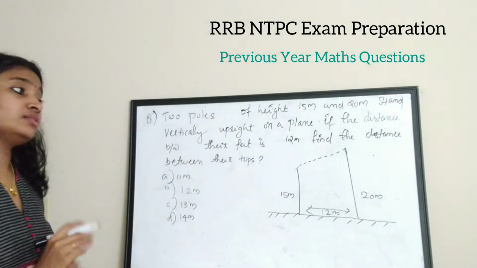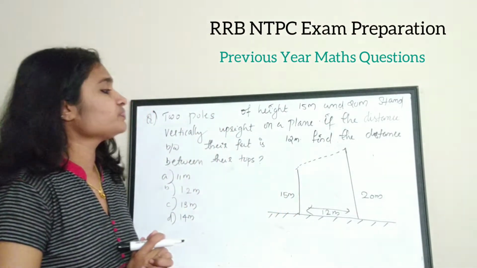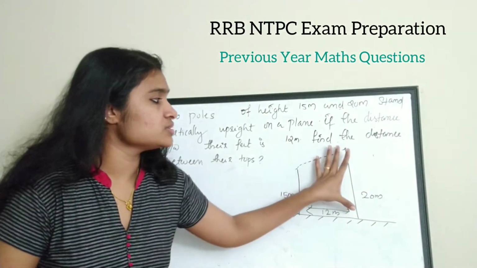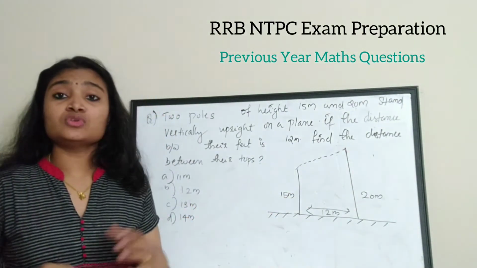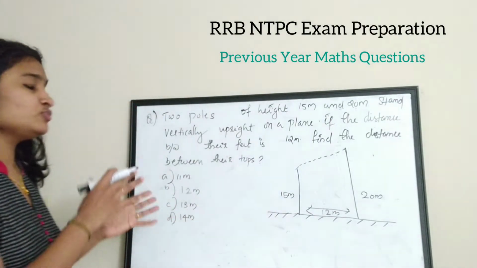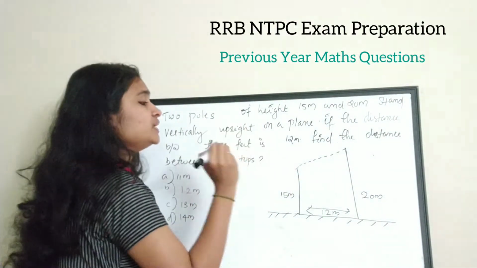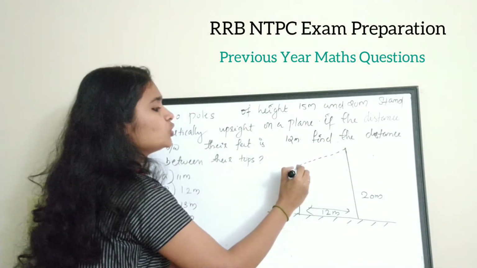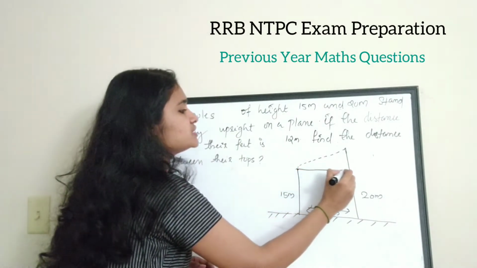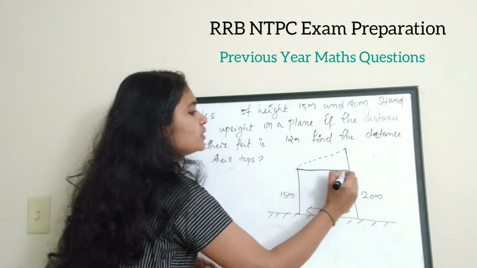So how to solve such a question? We know that one is of height 15, another is of height 20 meter. For solving such type of questions, we have to draw a perpendicular line from the top of the smaller pole to the larger pole. This is a perpendicular line we are drawing.